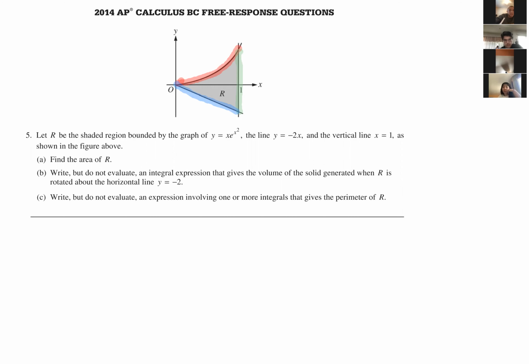I'm going to call this one Y. I kind of want to start with X because that's the hard part. So I'll call this length X, and I'll call this length Y. And if I can figure out X plus Y plus, what did I say? I'm going to call it Z. So if I can find X plus Y plus Z, that's going to give me the perimeter of R. Okay, so I'll start with X.